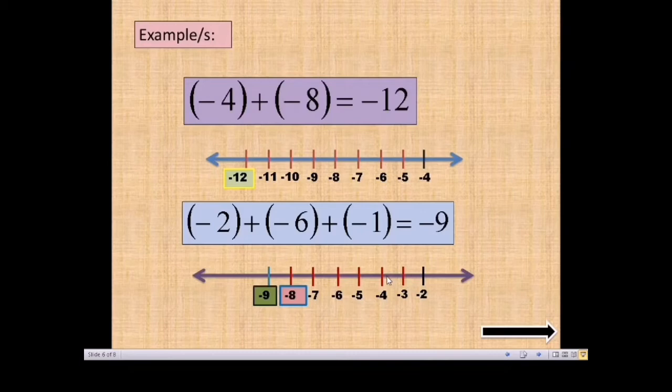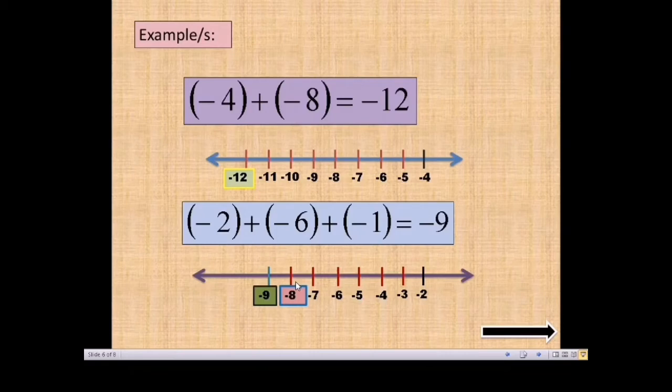So 1, 2, 3, 4, 5, 6. So let's count first. Negative 2, negative 3, negative 4, negative 5, negative 6, negative 7, negative 8. We have negative 8 as the answer of negative 2 plus negative 6.